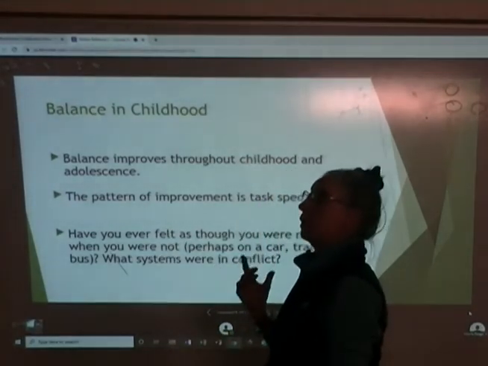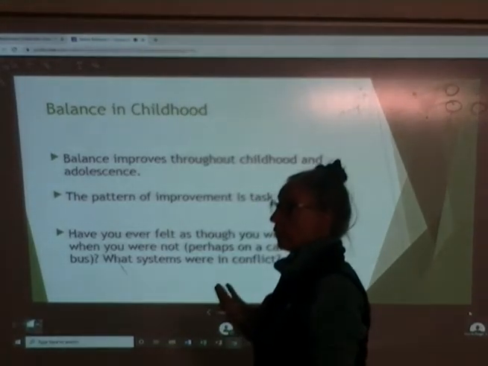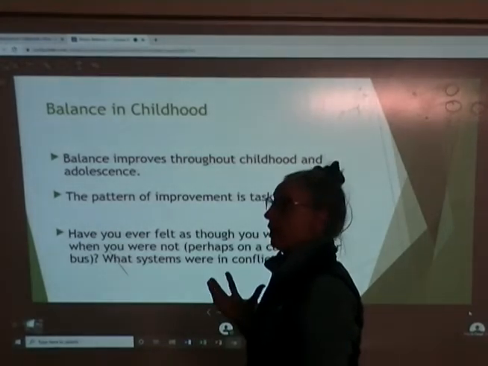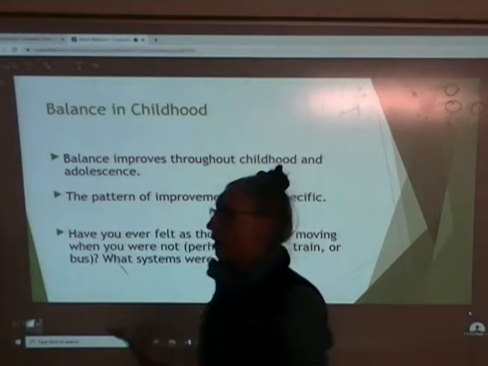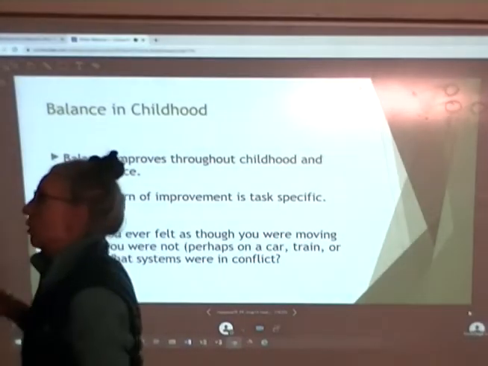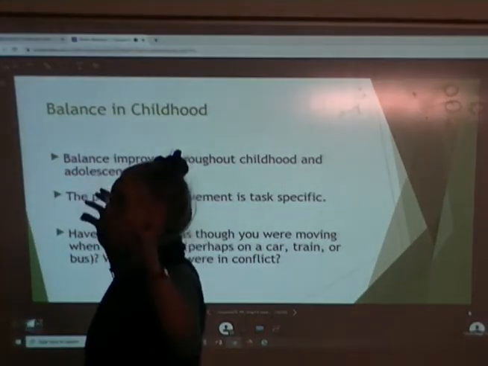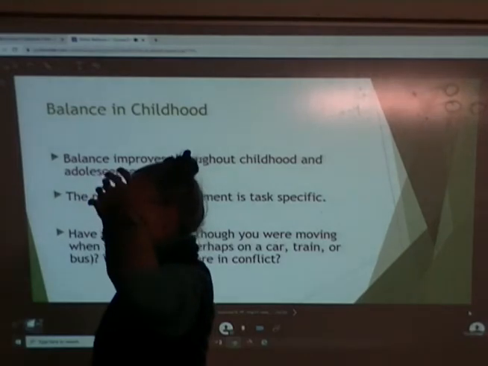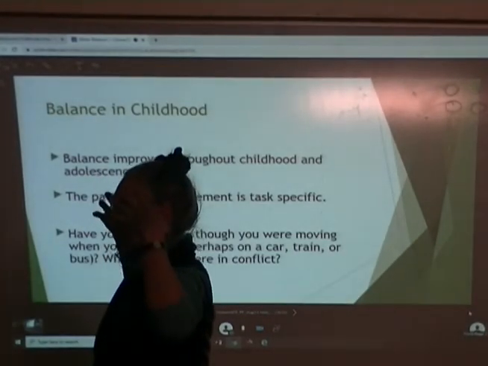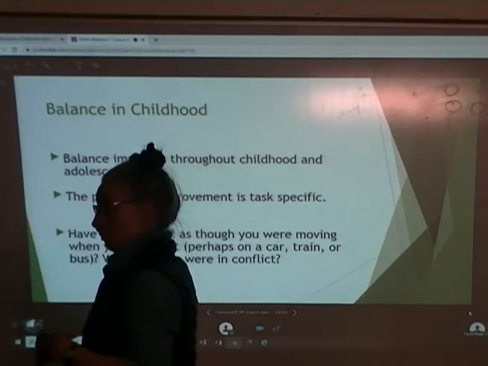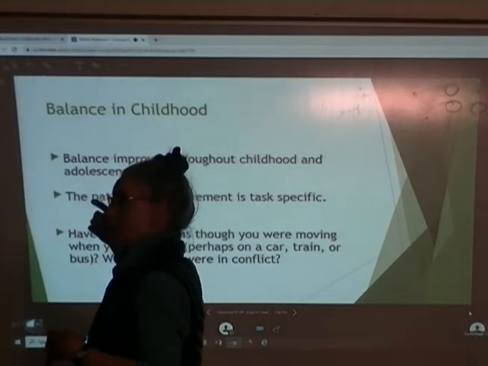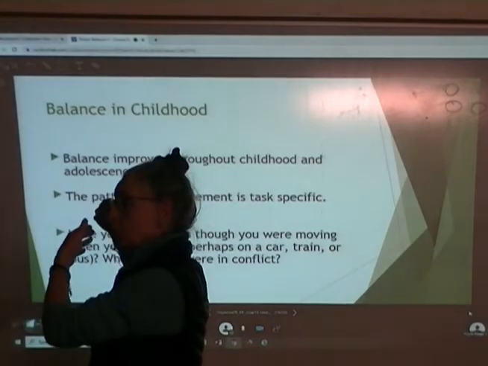That would be your visual and your kinesthetic. Say that again. Visual and kinesthetic? Yeah, okay, that's good, right? So our visual sensory information that's coming in from our peripheral vision tells the brain that there's movement, right? Because it's two-dimensional information.